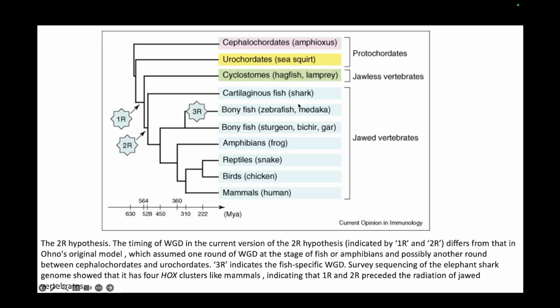This picture is from one such paper. Sequencing of the elephant shark genome showed that there are four Hox clusters like mammals, indicating that 1R and 2R preceded the radiation of jawed vertebrates. So the idea is that you had whole genome duplications, and from that speciation happened, new species formation.